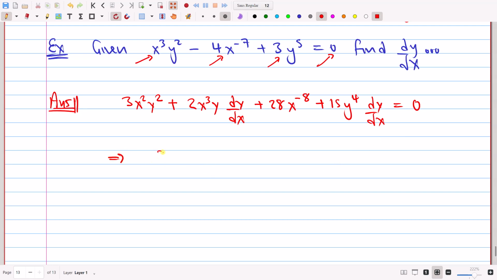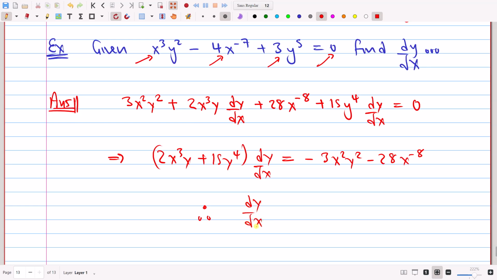So this implies that now I can group my like terms. I collect everything with dy dx, and I get 2x cubed y dy dx plus 15y to the 4 dy dx. All the other terms, I throw to the other side. So I will have negative 3x squared y squared minus 28 x to the minus 8.